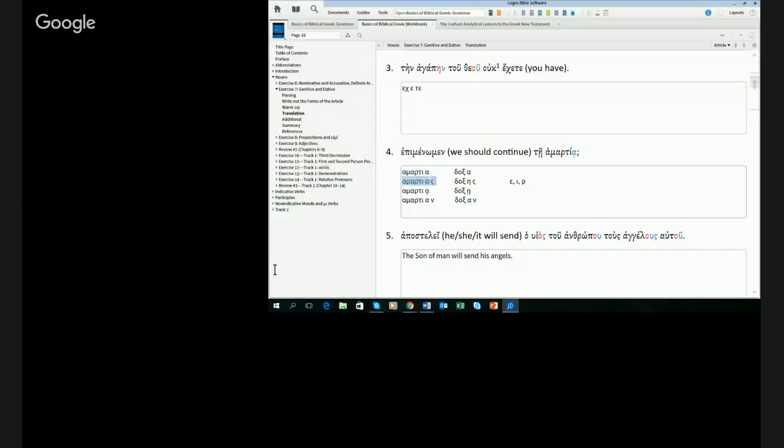This is significant because the accusative plural, if I was to have the accusative plural here, it would be hamartias, and doxas respectively.